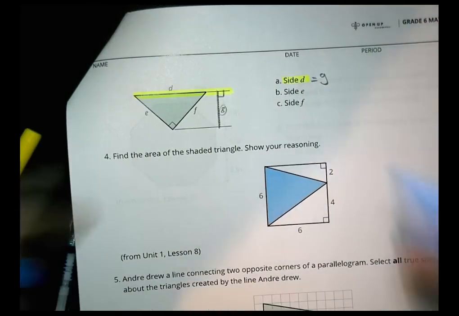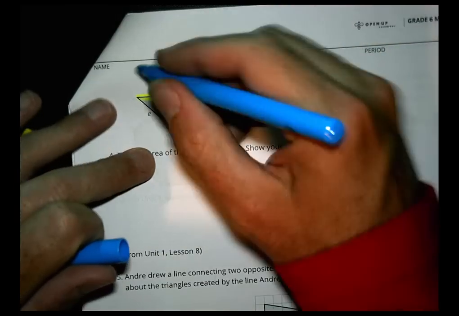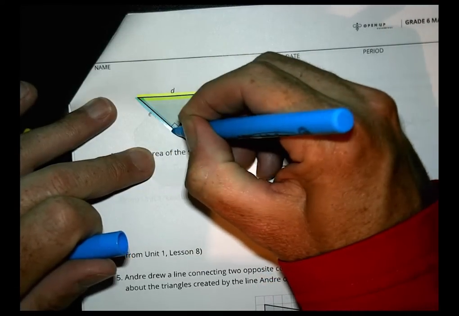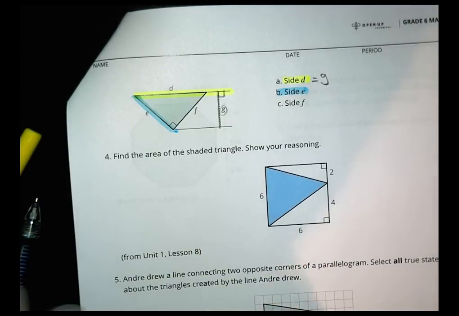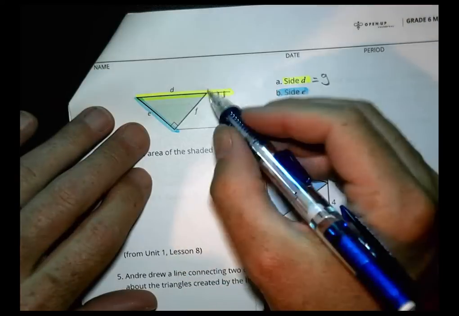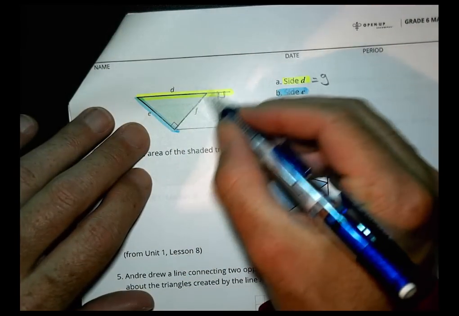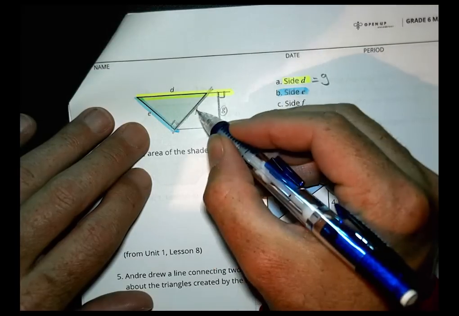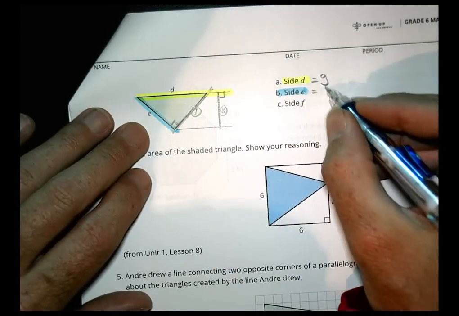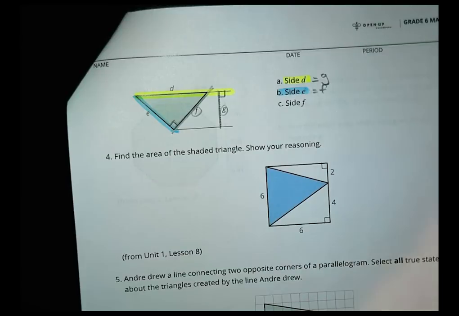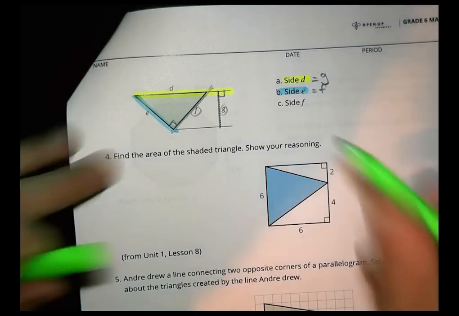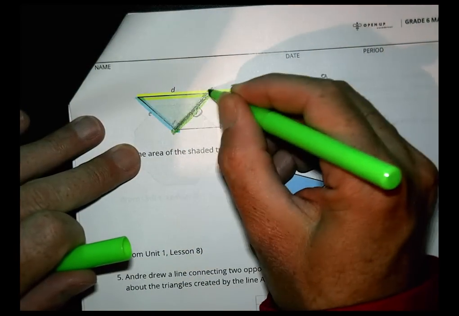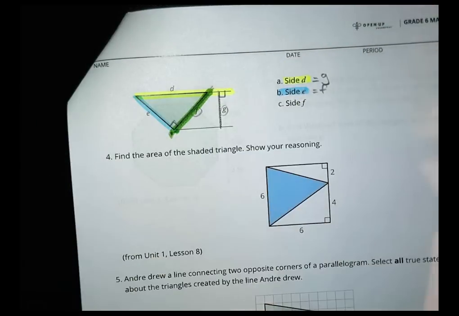All right, how about for side E? Here is side E, right there. Which line makes a 90 degree angle with side E? We could look here, we have a line right there, makes a 90 degree perpendicular. So we would say F. And then finally, for side F, which is here, which one makes a 90 degree with that one?